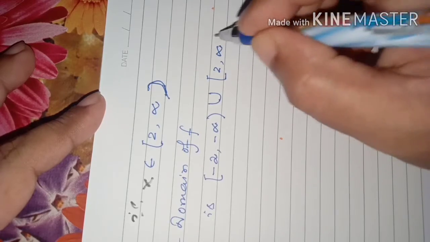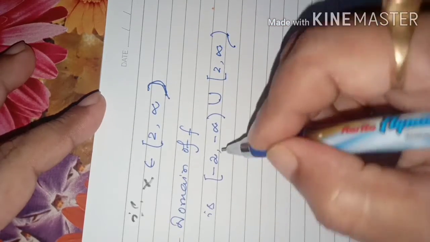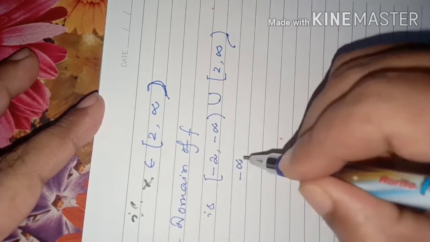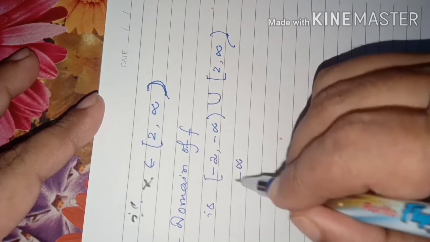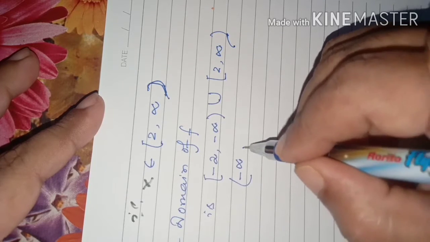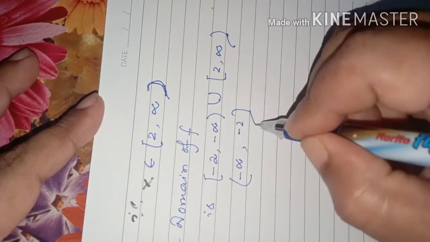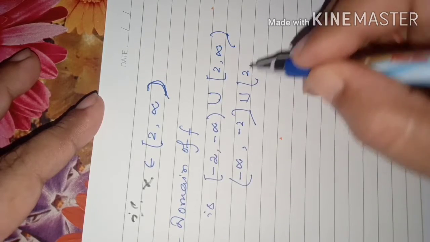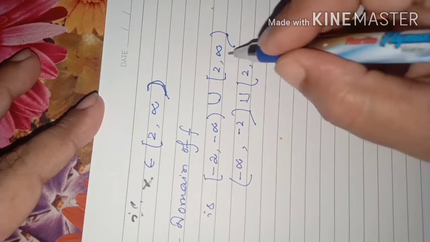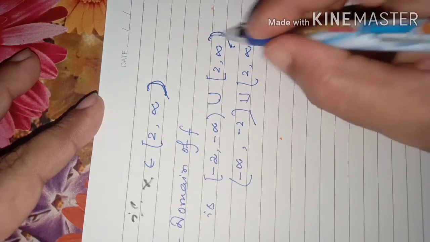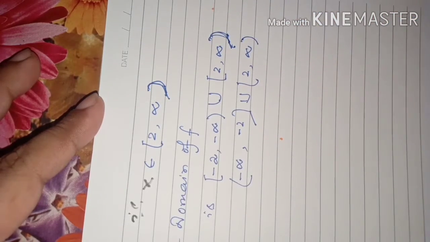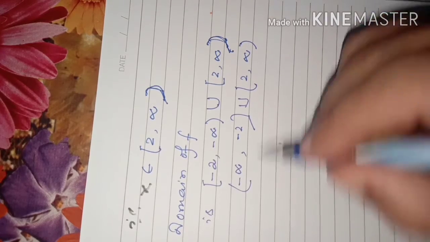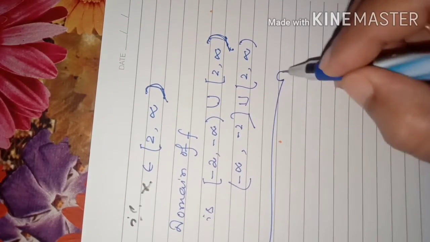We can write this also as minus infinity, open bracket, comma, -2, close bracket, union, +2 in close bracket, then infinity in open bracket, because infinity is just an idea only. So this is the set of values of the domain.